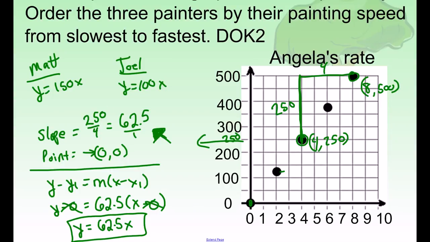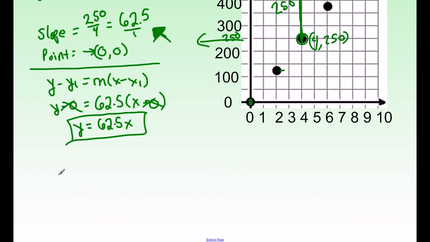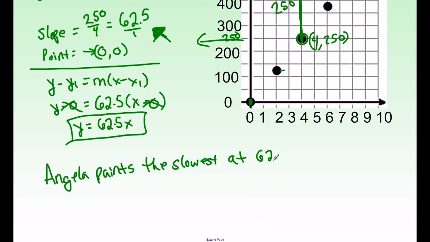So this is Angela's rate of painting. So the question was, order the 3 painters by their painting speed from slowest to fastest. So the slowest is Angela at 62.5 feet per hour.